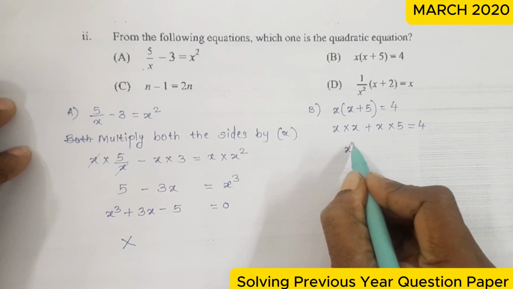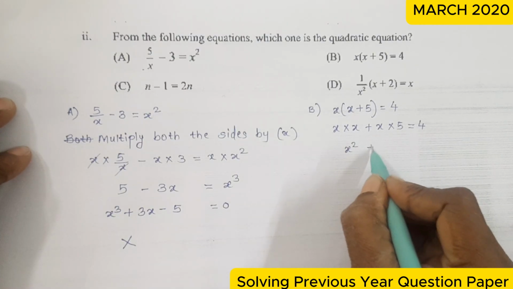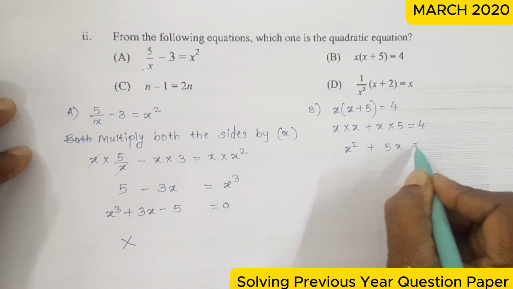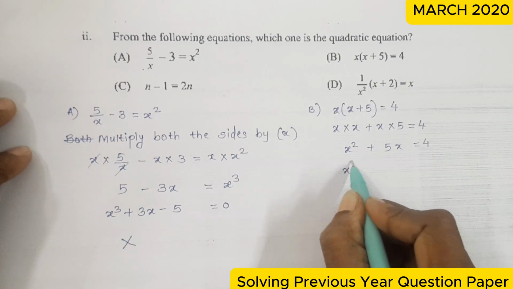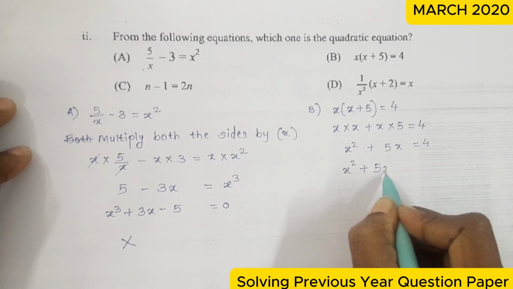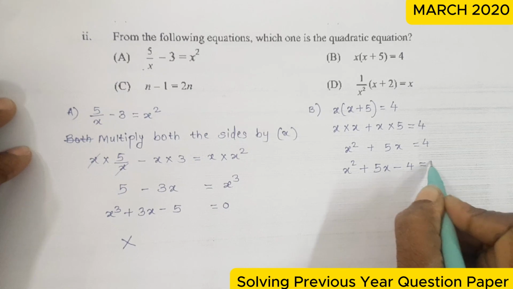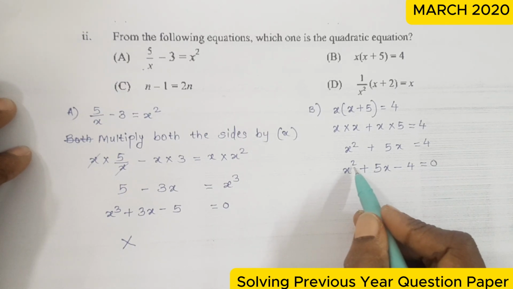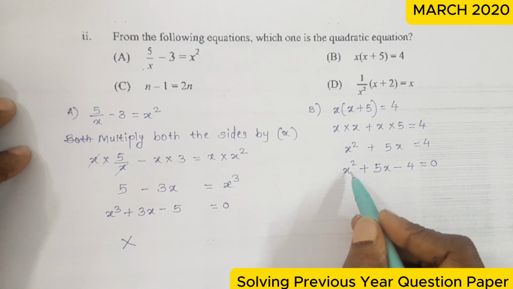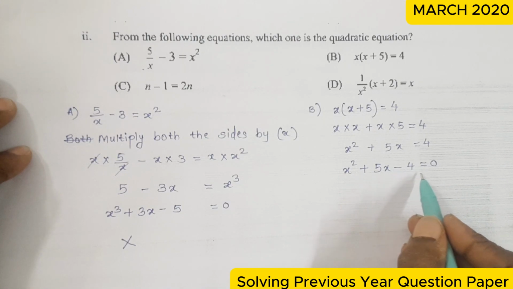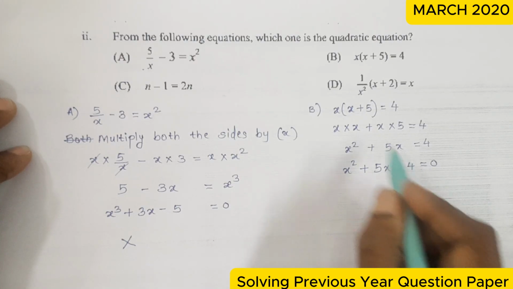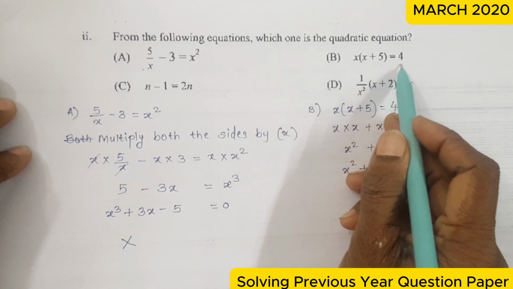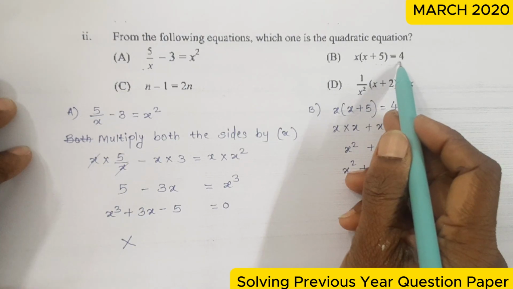Then x square plus 5x is equal to 4. So that means x square plus 5x minus 4 is equal to 0. Now the highest power of this equation is 2. That means this equation is a quadratic equation.